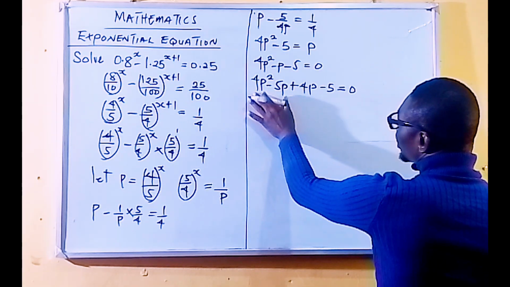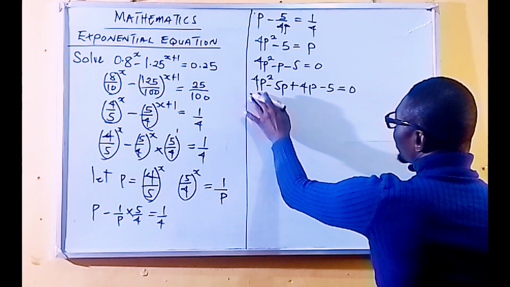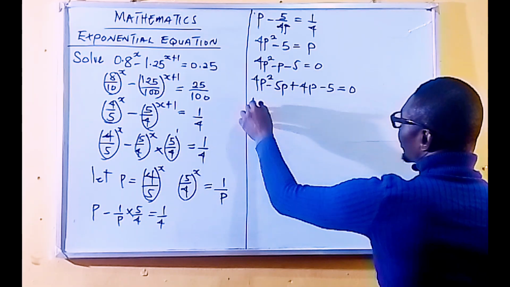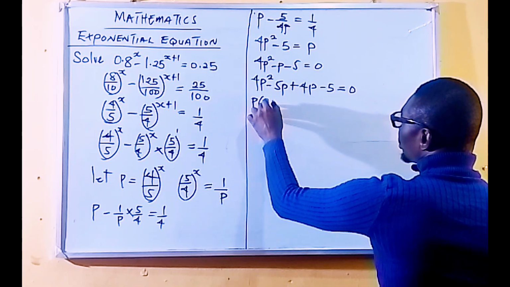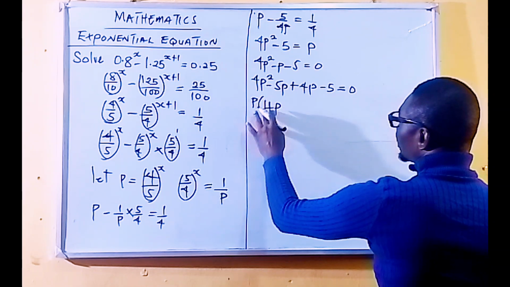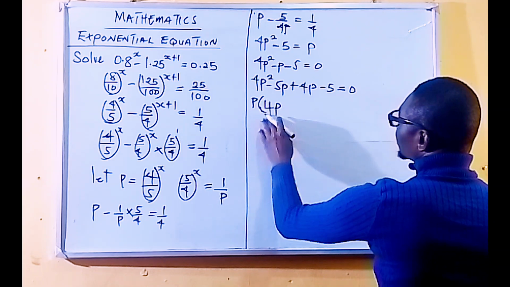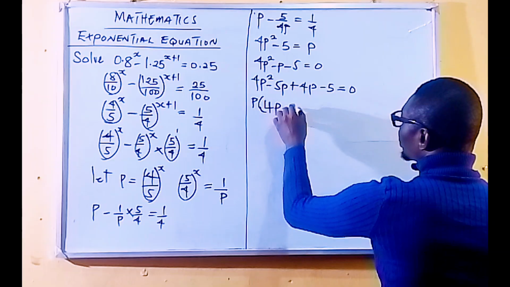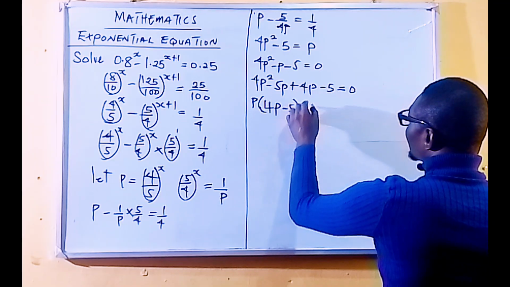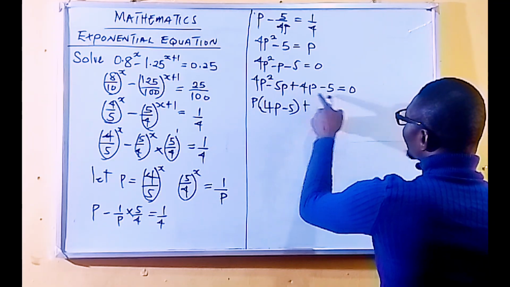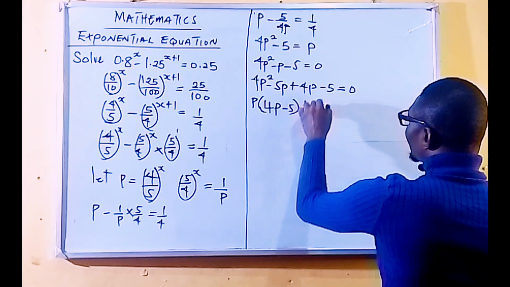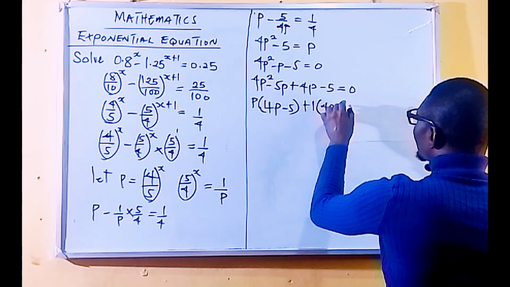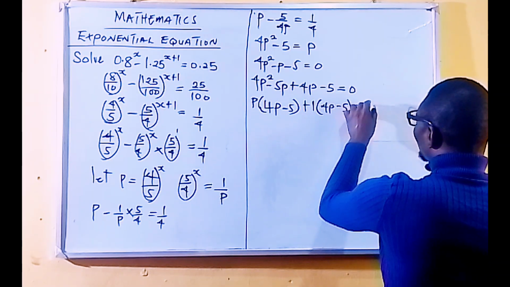What's common here? We have p common. So we have p into 4p minus 5, plus what is common here? Only 1. So we have 1 into 4p minus 5 equal to 0.